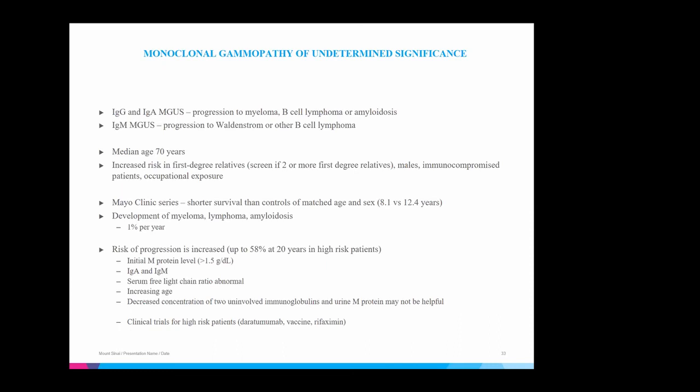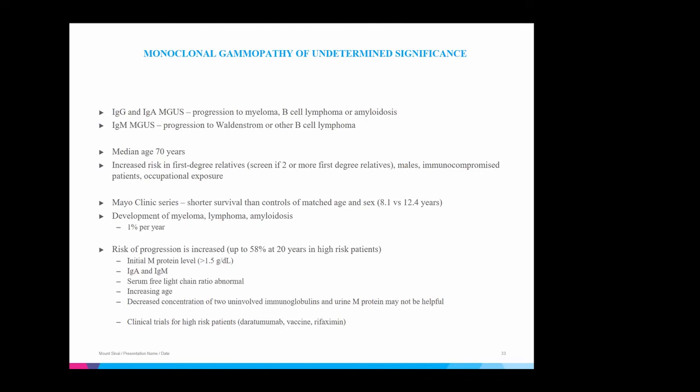So what happens to these patients? Well, the IgG and the IgA MGUS patients may progress to myeloma, to B-cell lymphomas, or to amyloidosis. The IgM MGUS patients, when they progress, are likely to progress to Waldenstrom's or another B-cell lymphoma. The median age for patients with MGUS is 70.